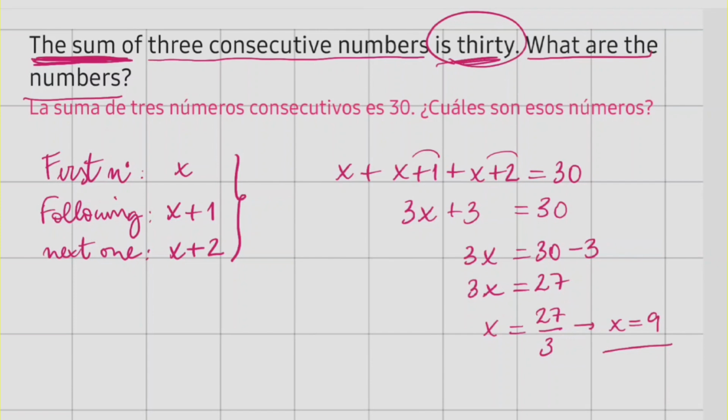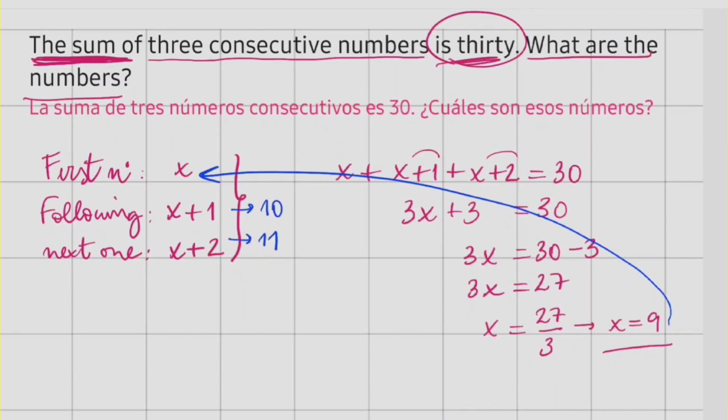Right, so what does that mean? Well, that's only the first one, because we said so at the beginning. We said the first one is x. So which one is the next number? Because we need to answer 3 numbers, we need to give the 3 numbers. So if the first one is 9, the following one is 10, and the following one is 11.